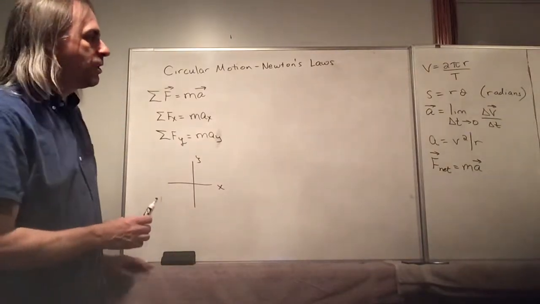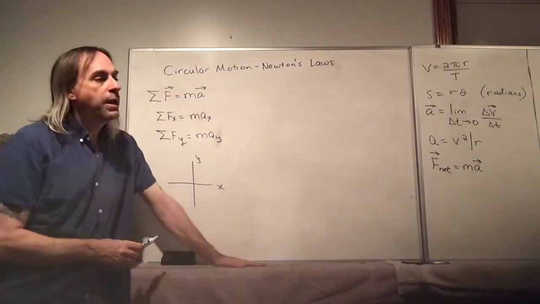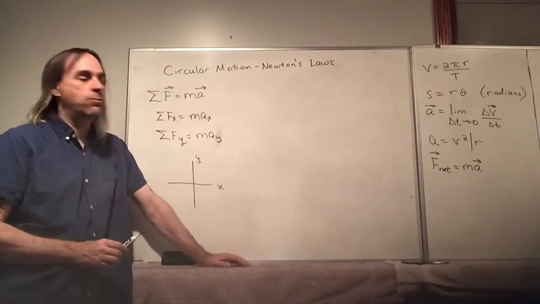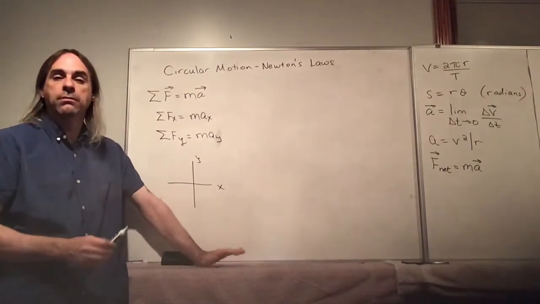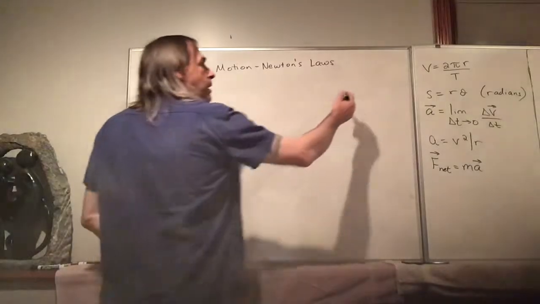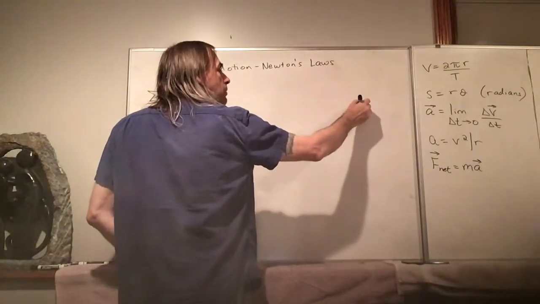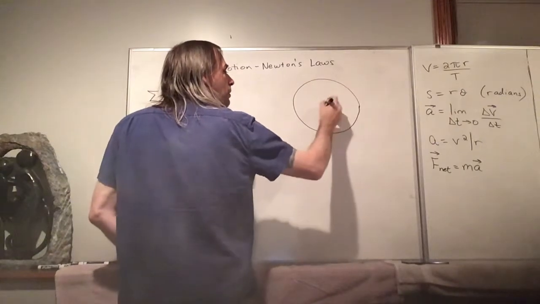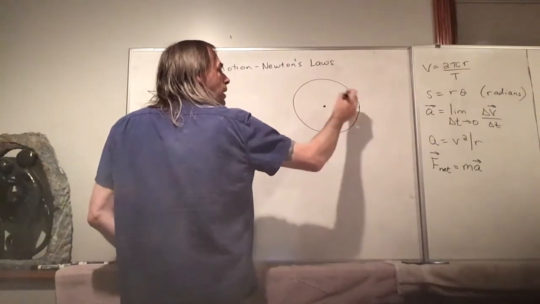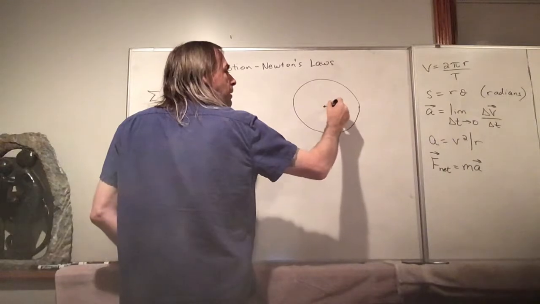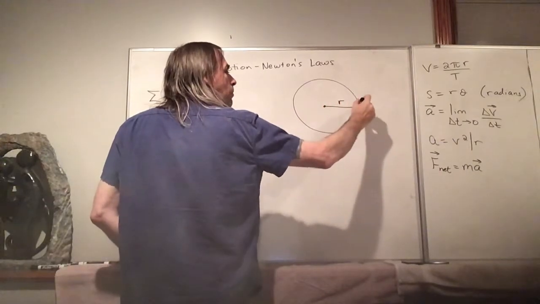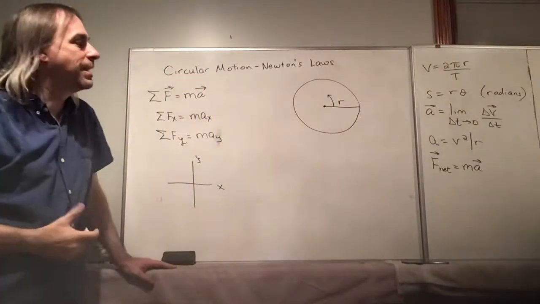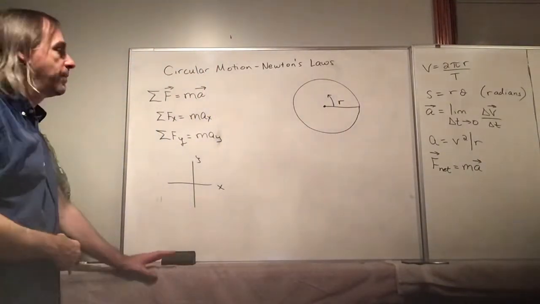Now, what we're going to do to describe circular motion is we're going to have a different coordinate system. We're going to break up our coordinate system differently, with different directions. So let's say we have a circle, and say we have an object that is moving counterclockwise, which is basically the standard.